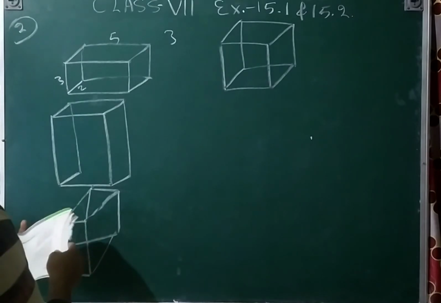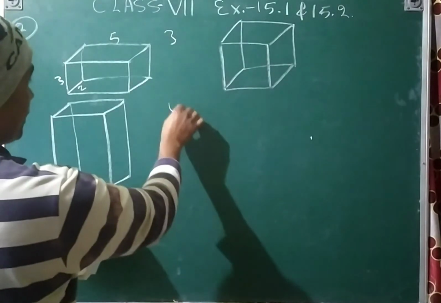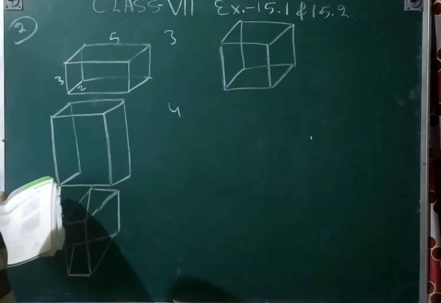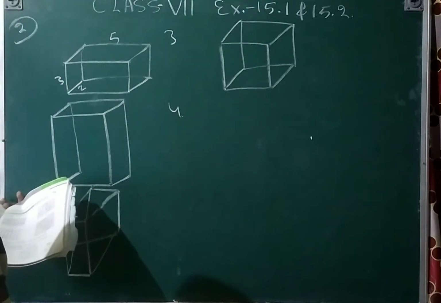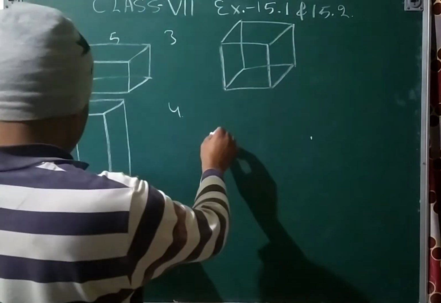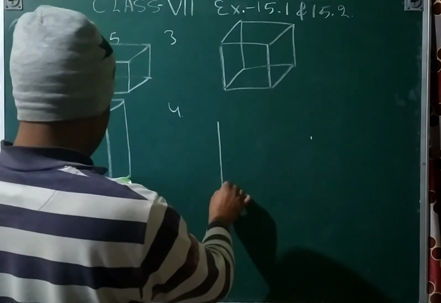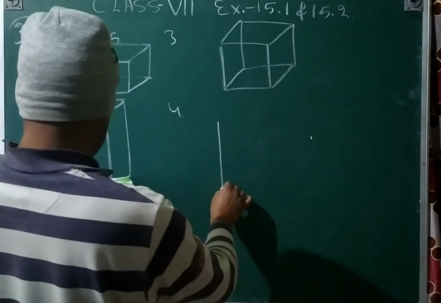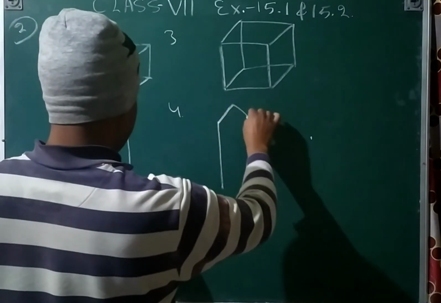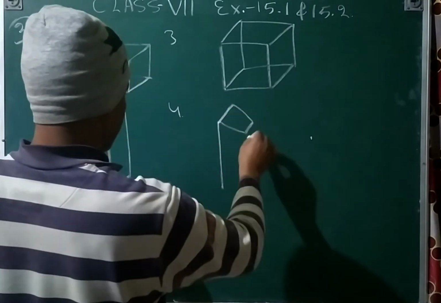And then fourth question. All the diagrams will be the same. Make an oblique sketch of each of the following solids. So that will be this one line. When you use the dotted line, you will see your diagram will be very neat and clean.